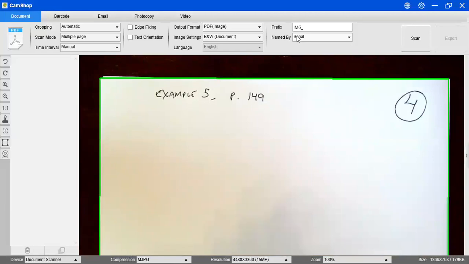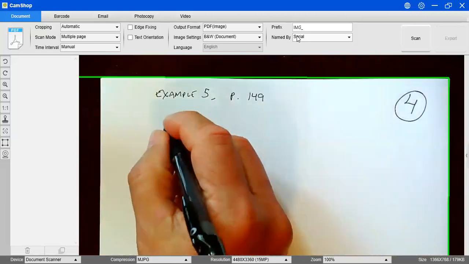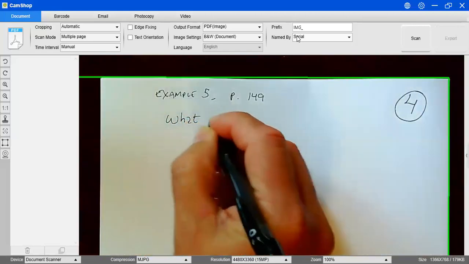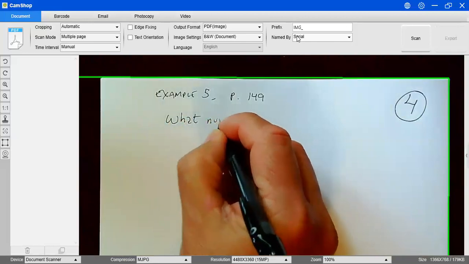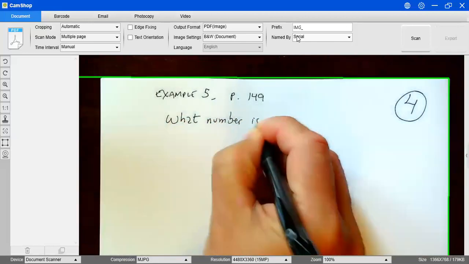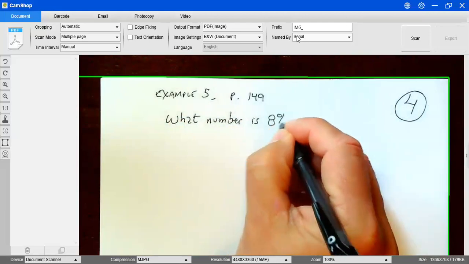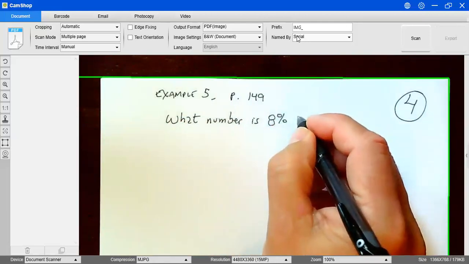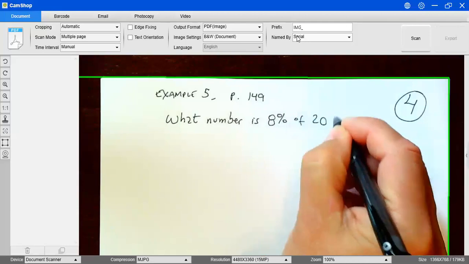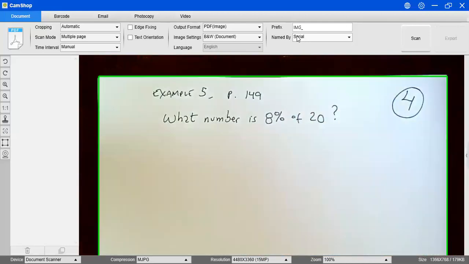I'm going to write the question. What number is 8% of 20? So that's example 5. What number is 8% of 20?